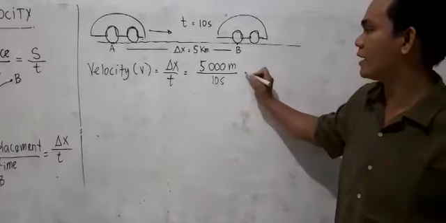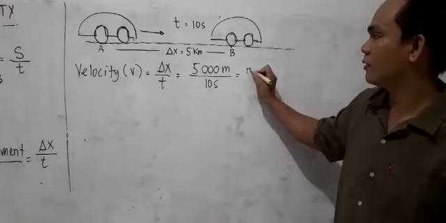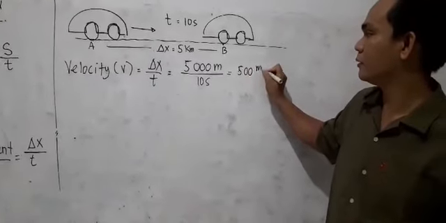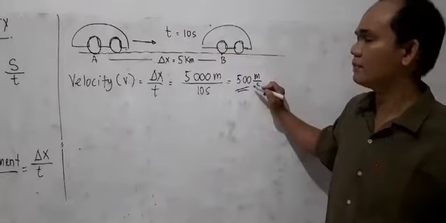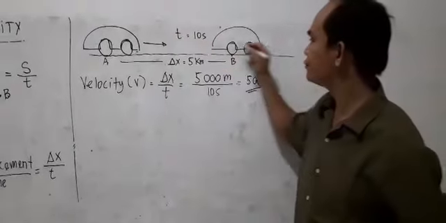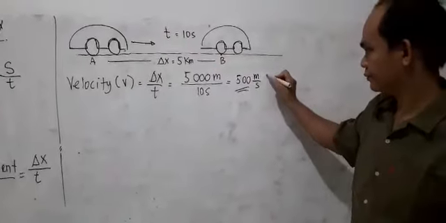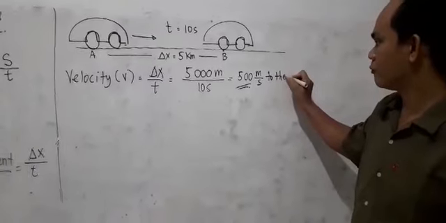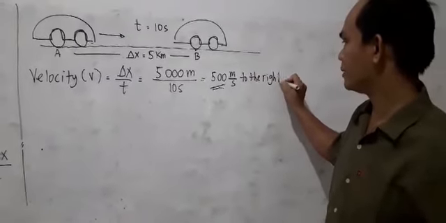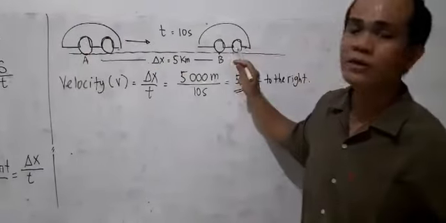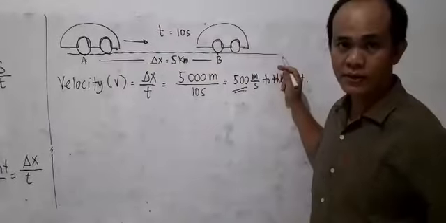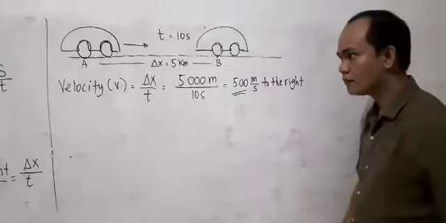So 5,000 divided by 10 is 500 meters per second. So the velocity of the car is 500 meters per second to the right, for example, because the car travels from left to right.